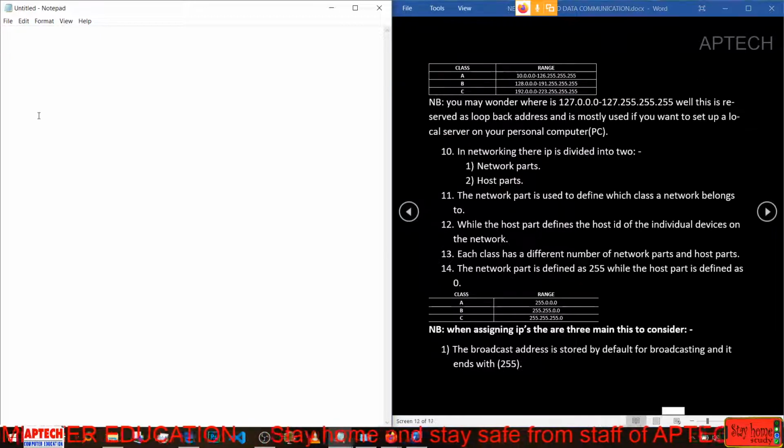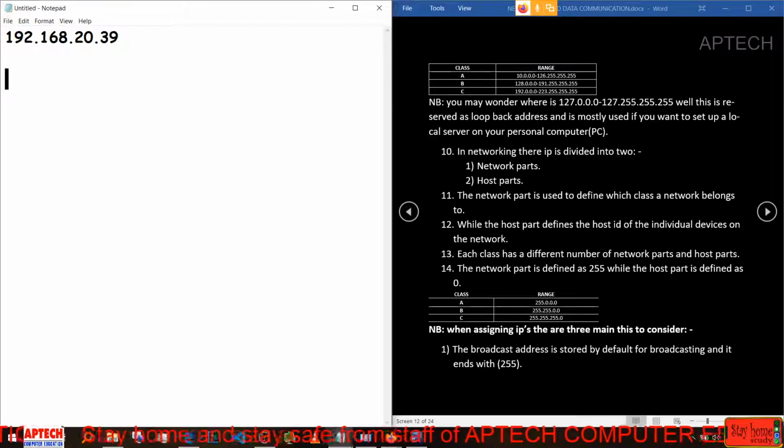Now, if you put an IP like this, the computer by default cannot tell which class it is.